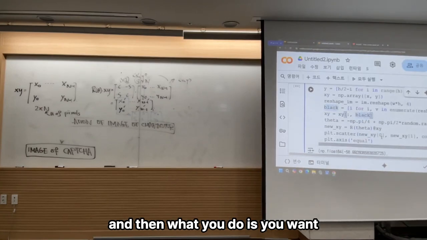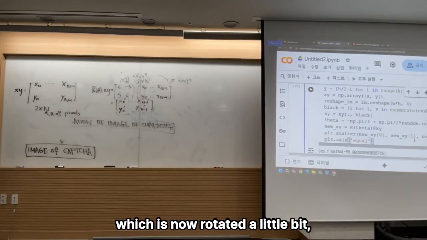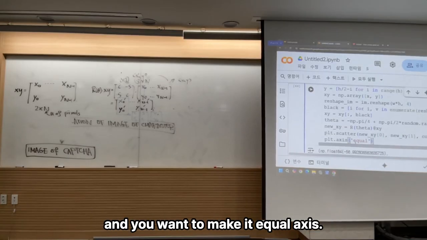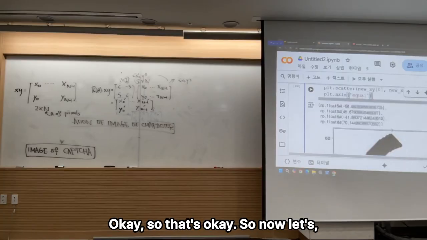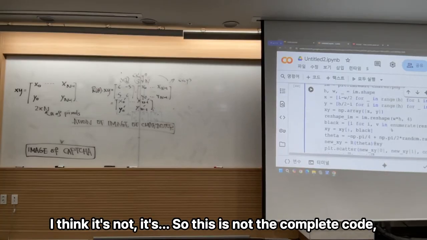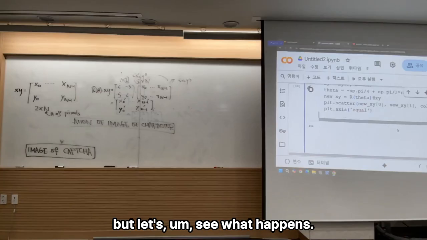And then what you do is scatter plot this number, which is now rotated a little bit, and you want to make it equal axis. Okay, so this is not the complete code, but let's see what happens.